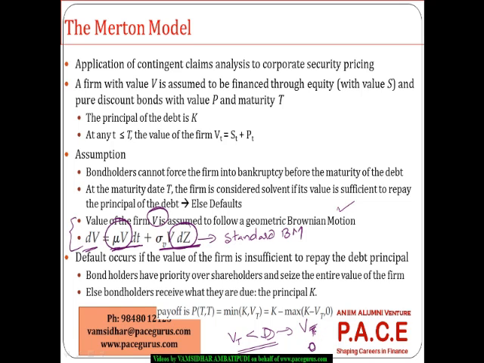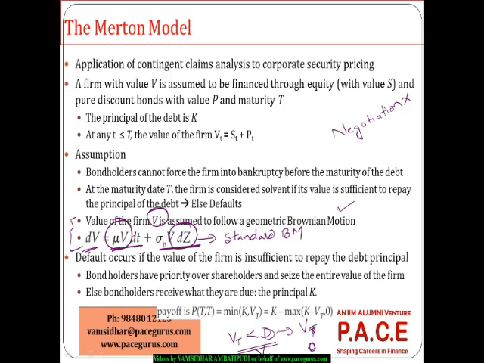So here again an assumption is being made that there is no negotiation between the equity holder and the bondholder. So we are directly assuming that the bondholders are going to receive the entire Vt.